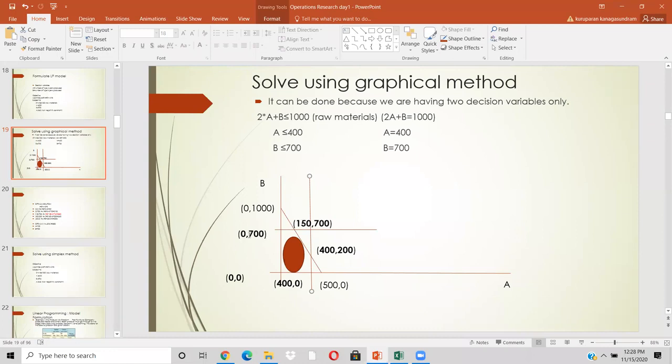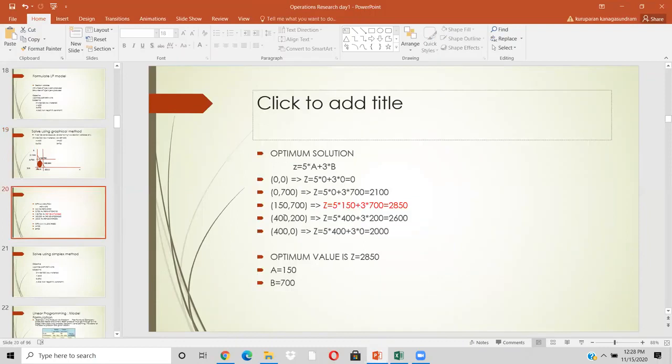Similarly, A is equal to 0 and B is equal to 700. So I am taking those extreme points. We call this the corner point method or extreme point method. Okay. By substituting in the objective function. What is the objective function? Z is equal to 5A plus 3B.